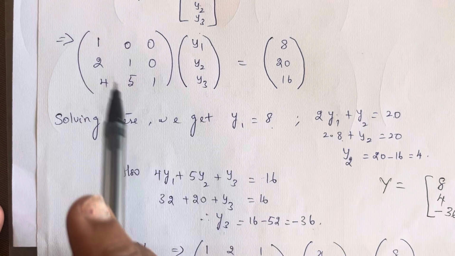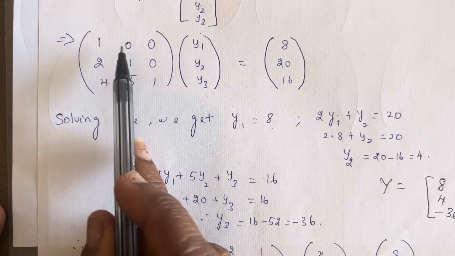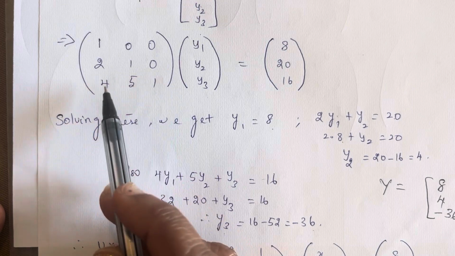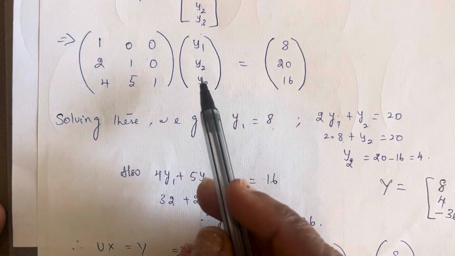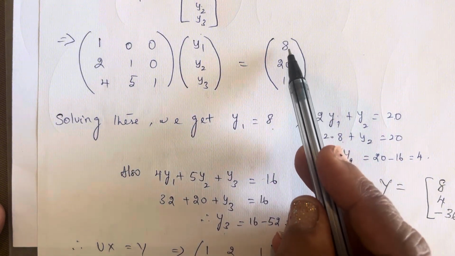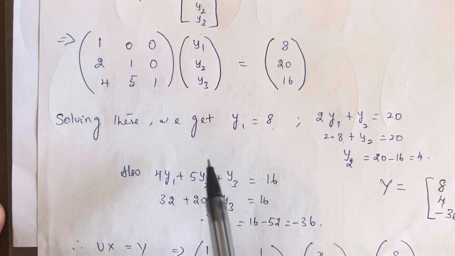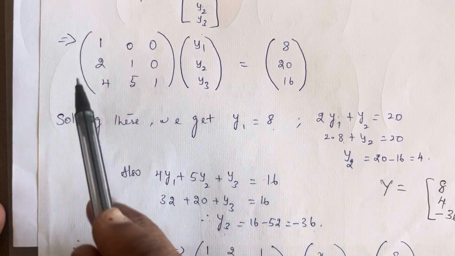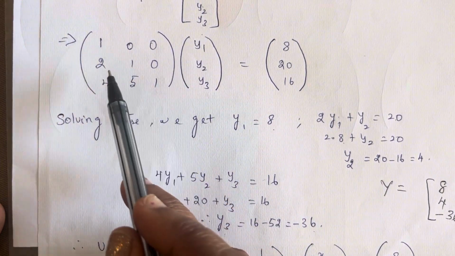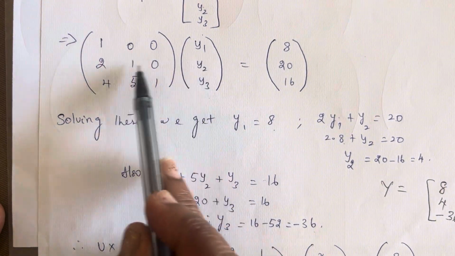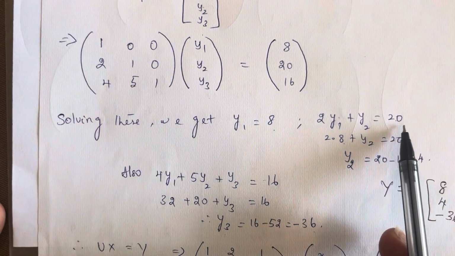Then L is 1, 0, 0; 2, 1, 0; 4, 5, 1, and Y is Y1, Y2, Y3, and B is 8, 20, 16. Solving this by ordinary matrix multiplication, we get Y1 is equal to 8, and then 2Y1 plus Y2 is equal to 20.